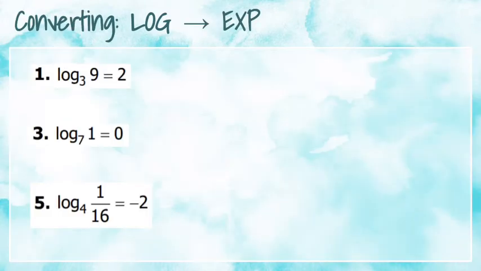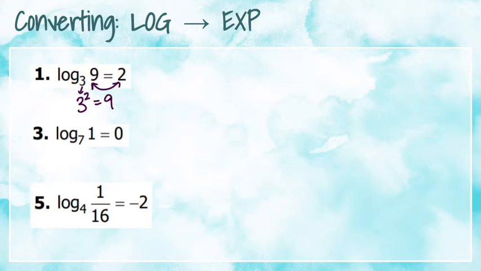So let's look at some conversions here. We want to convert from log to exponent, or log to exponential. So log base 3 of 9 equals 2. We decided the bases stay the same, and these two switch orders. So 3 squared equals 9.